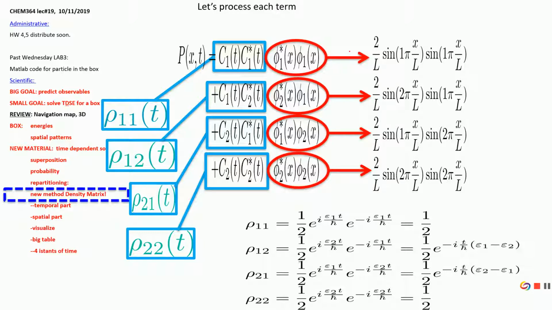Clear where that comes from? It's from C1 C1 star. So if you look at another element where indices coincide, evolution forward with a pace defined by energy 2, evolution backwards with the same energy. They multiply to each other, compensate, and we have a constant.